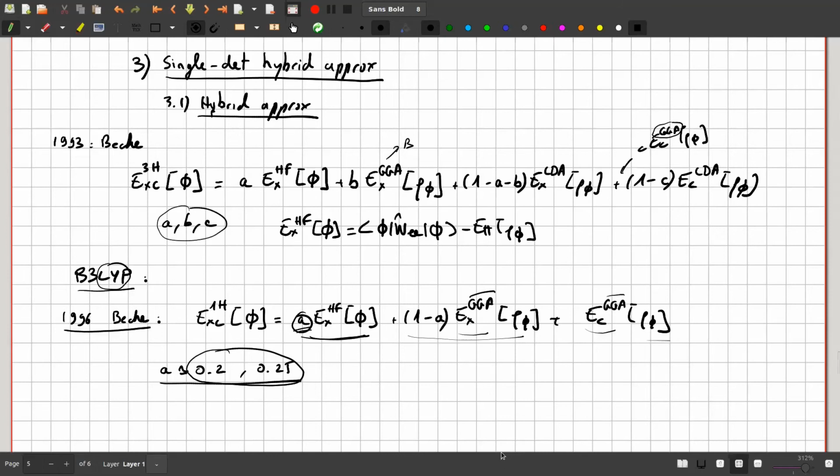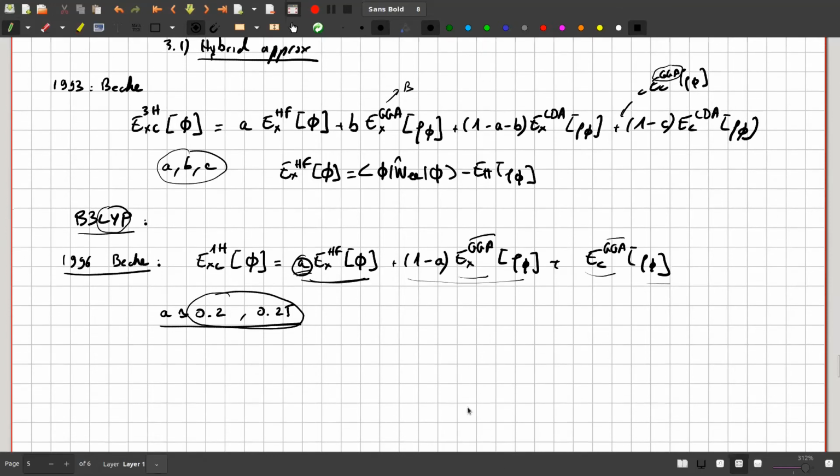Now, let me give you some examples of hybrid functionals. There are different philosophies here, as before. For example, you have the PBE0 functional, where you take the PBE functional for both exchange and correlation, and you take as a fraction of Hartree-Fock exchange 0.25.